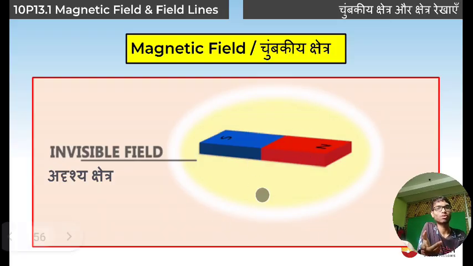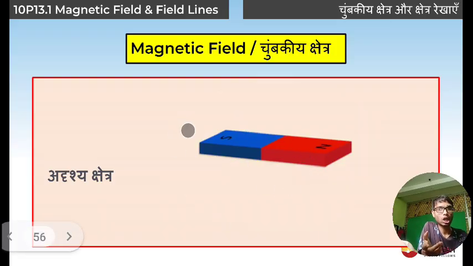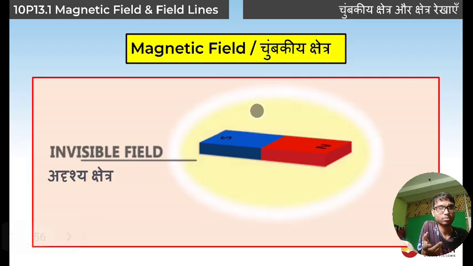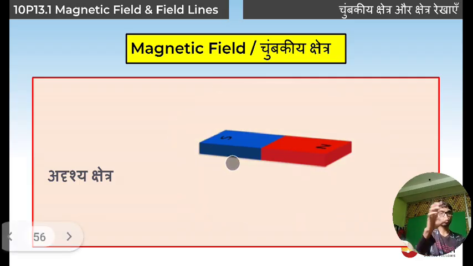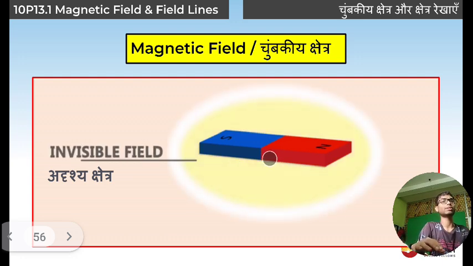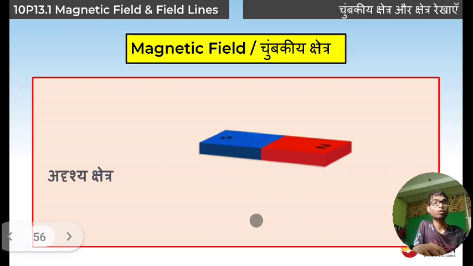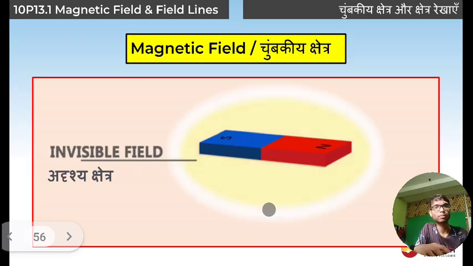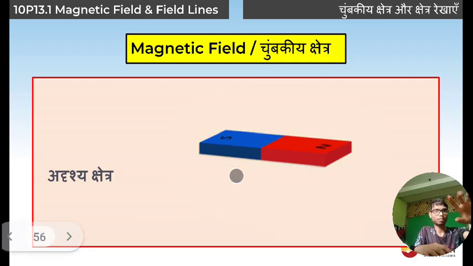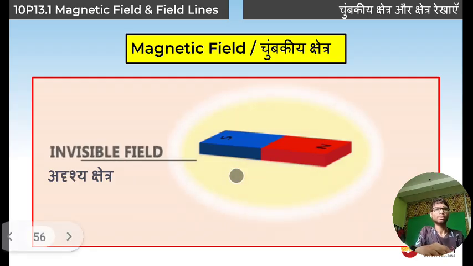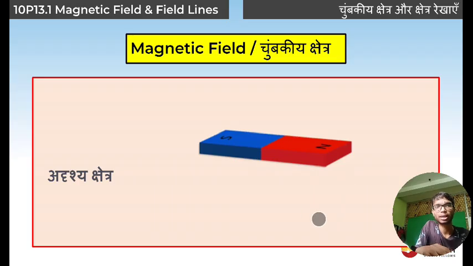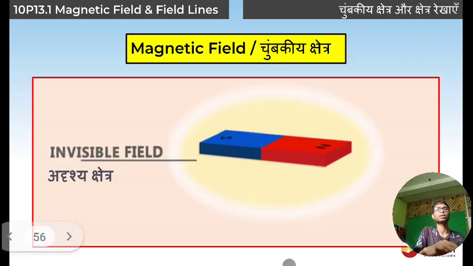This is an invisible field, and if you put any magnetic material around this magnetic field, then the magnetic material will be attracted by the magnet. But if it is far away from the magnetic field, then the magnetic material will not be attracted.